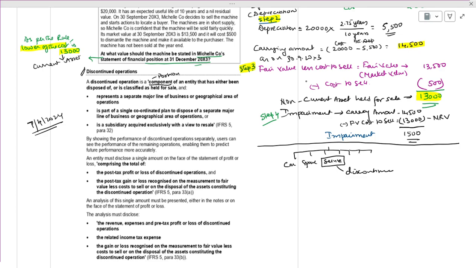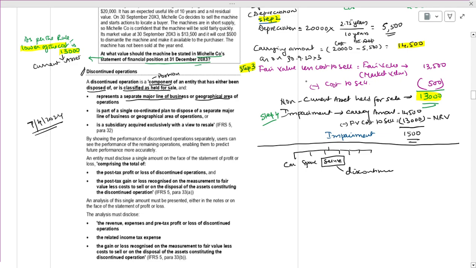A component of an entity that has either been disposed of, meaning we have sold it, or is classified as held for sale. It represents a separate major line of business, maybe some geographical area.